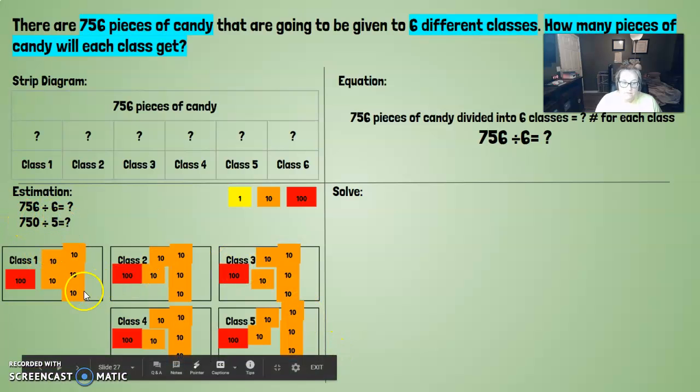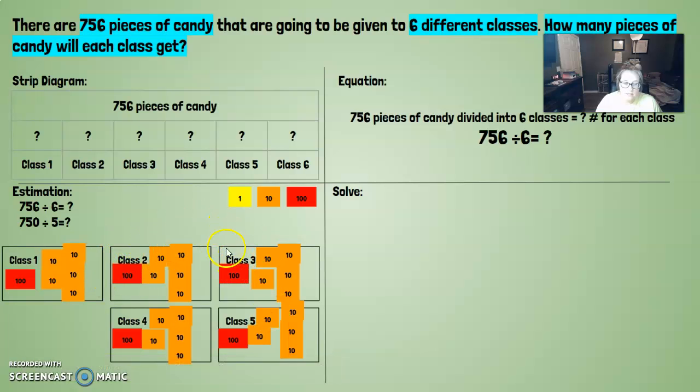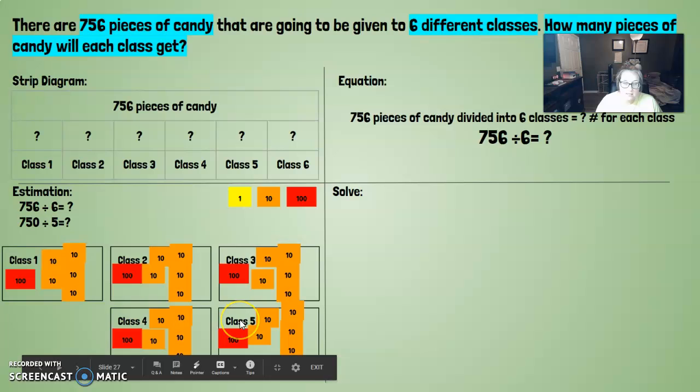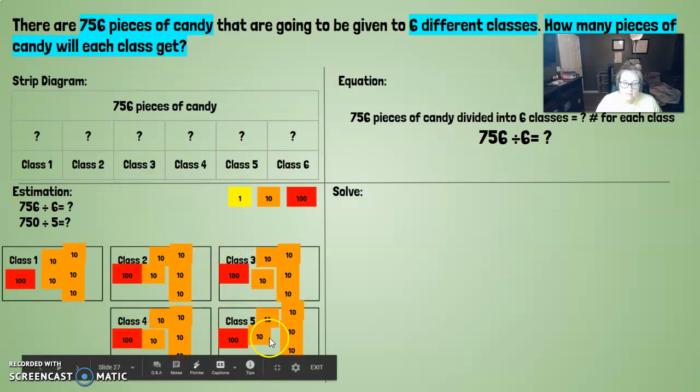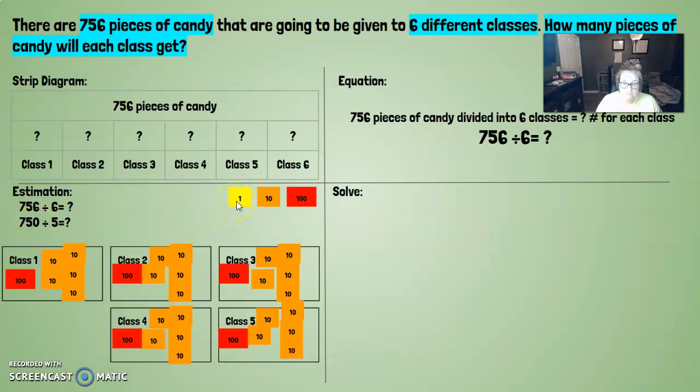So 560, 570, 580, 590, 600, and on up through 700, 710, 720, 730, 740, 750. Well, that's what I was trying to get to, so I get to stop. Do I have to use any of my ones? No, because I got to the number I was trying to get to.